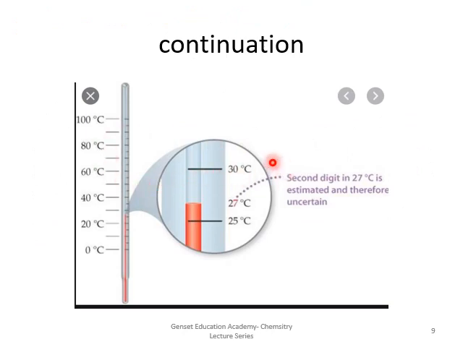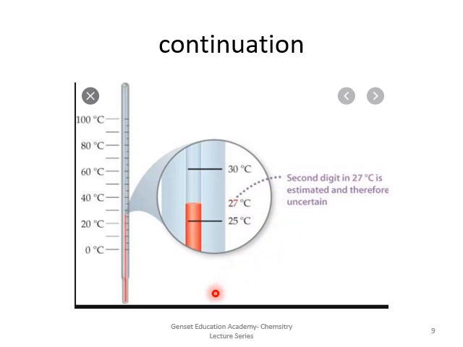So for example, in this measurement, we have got degrees. Someone was measuring here, that is the temperature. As you can see, there's 25 degrees Celsius, which is clearly calibrated, and there's also 30 degrees Celsius, clearly calibrated. And here it says the estimate, the second digit in 27 is estimated and therefore uncertain.